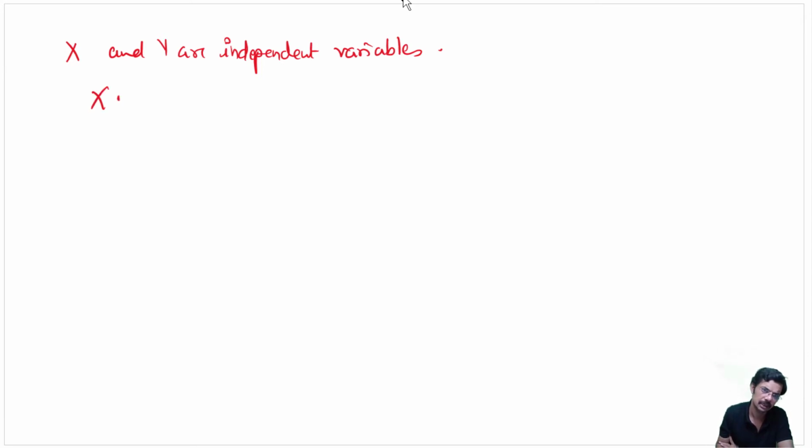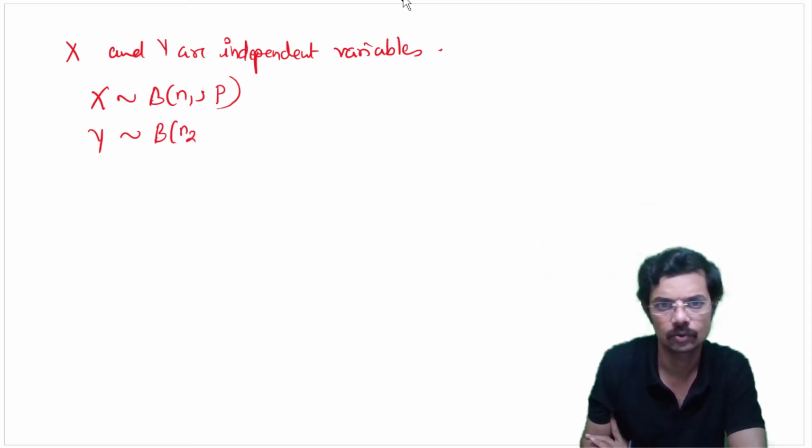Now the next property. We discussed the mode. Suppose x and y are independent variables, such that x has the binomial distribution B(n1, p), and y has the binomial distribution B(n2, p).